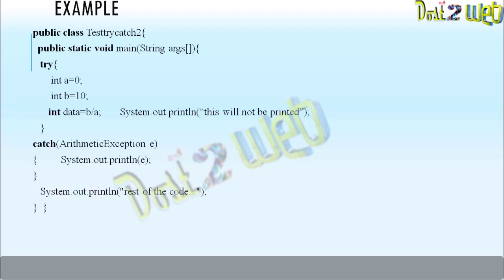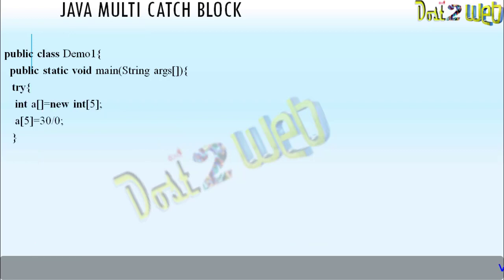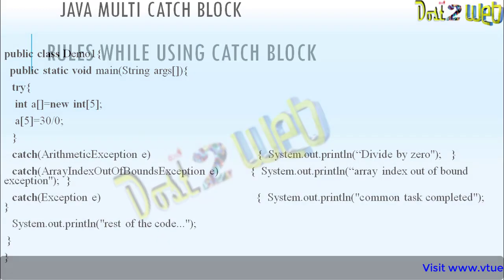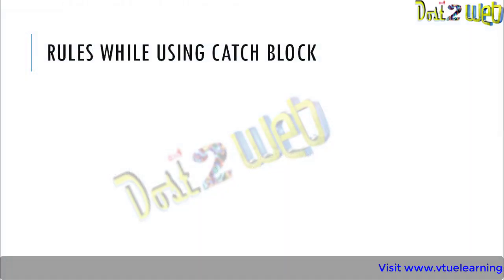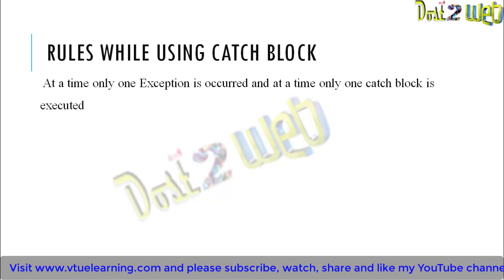Okay, so this is the example we have executed. So what about multiple catch blocks? Just now we have executed multiple catch blocks, you can even define them. Rules for using catch blocks: at the time of one exception occurring, only one catch block is executed.